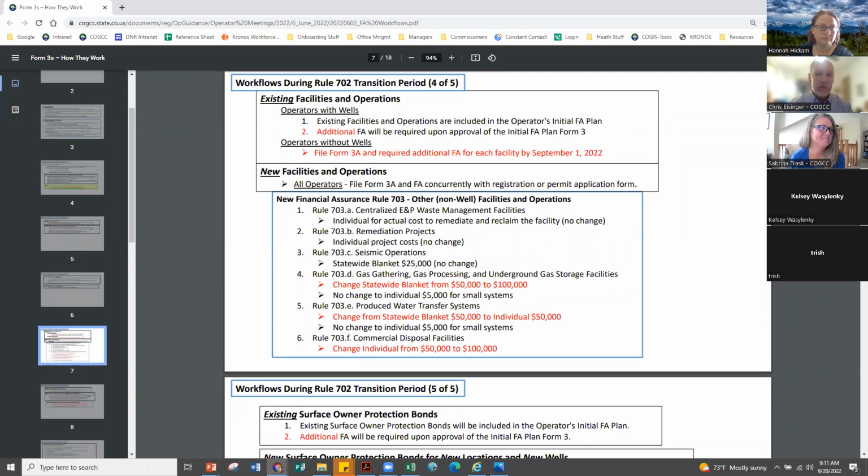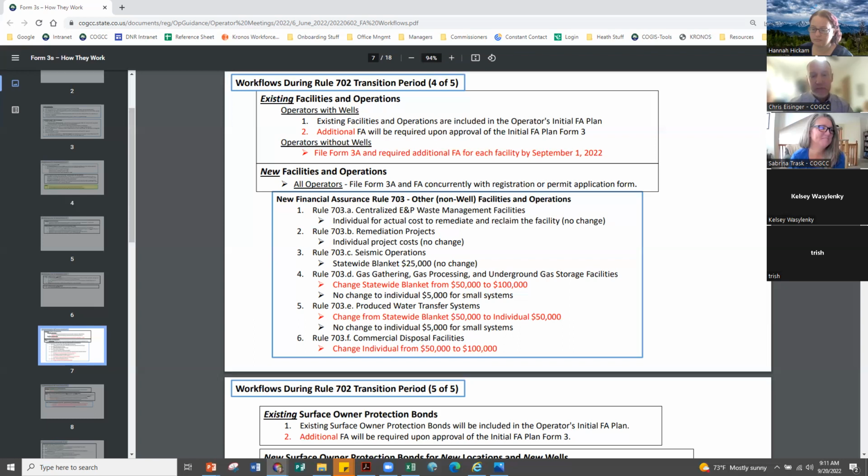With regards to Rule 703 D and E, there was some confusion about the requirements for statewide and individual bonds. We just wanted to point out that for 703D, which applies to gas gathering systems and gas processing facilities, the change in the new rules is that the statewide bond will go from 50,000 to 100,000.